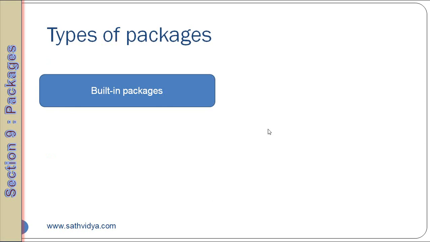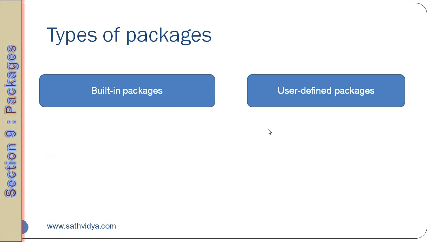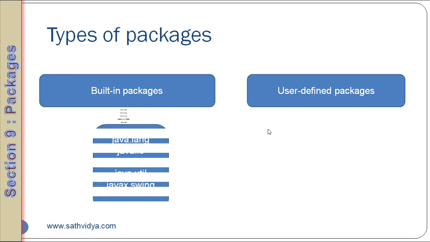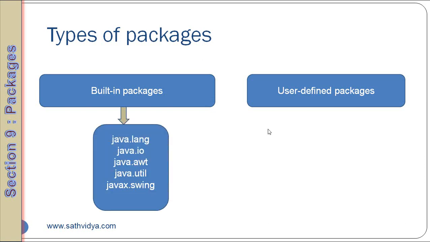Now coming to types of packages. Here these packages can be of two types. One is built-in packages, another one is user-defined packages. Built-in packages are the packages which are already created by the Java programmers and make our code easy, like java.lang, java.io, java.awt, java.util, javax.swing and so on.